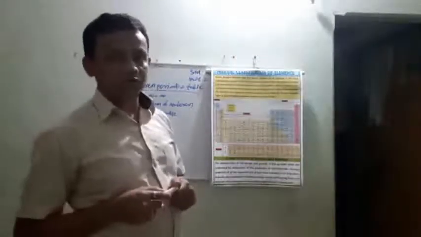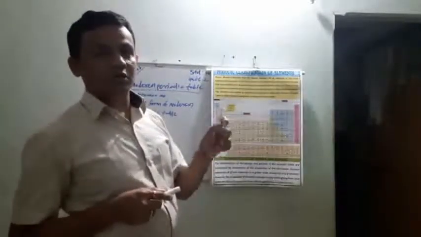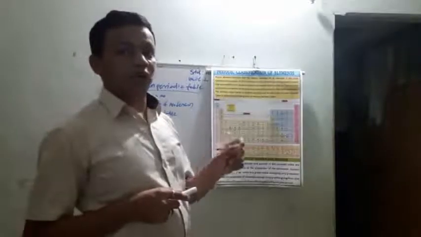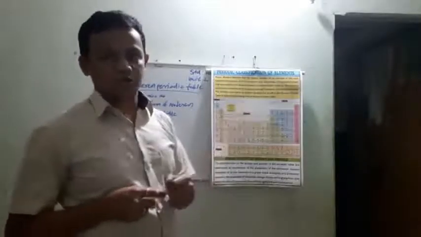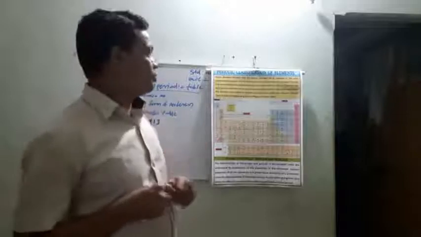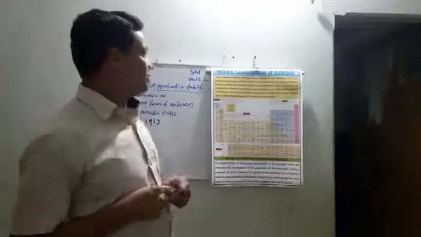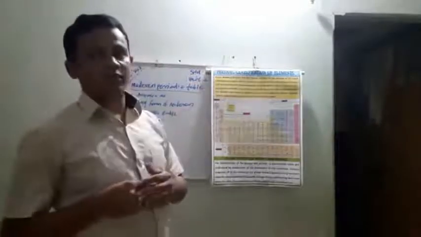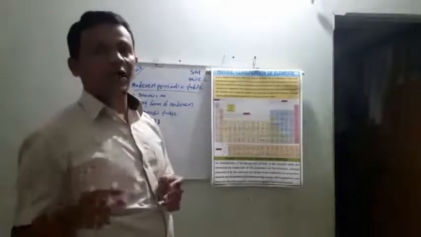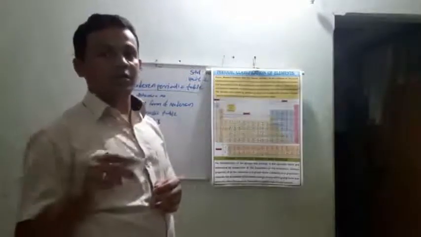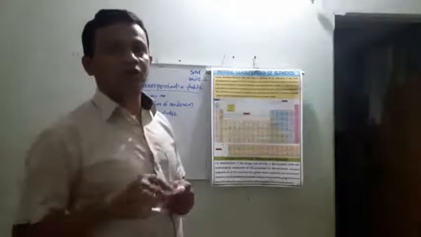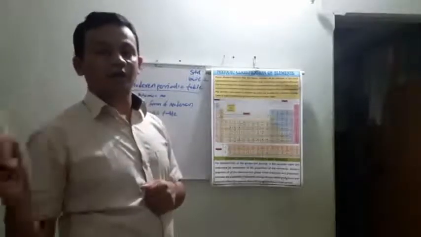In Mendeleev's law, the concept of atomic mass is used, but in the modern periodic table, the scientist Henry Moseley showed that the atomic number is the main fundamental property of an element and not atomic mass.